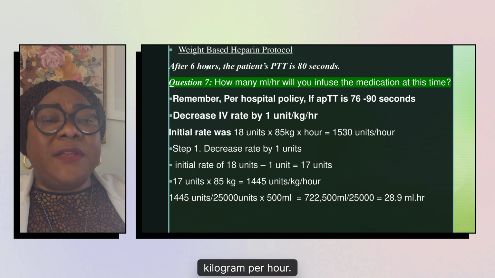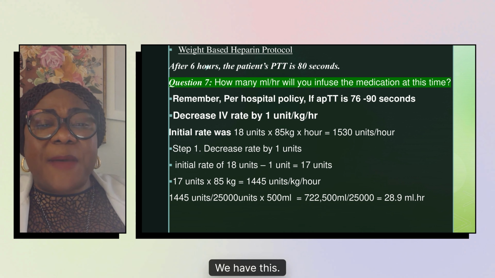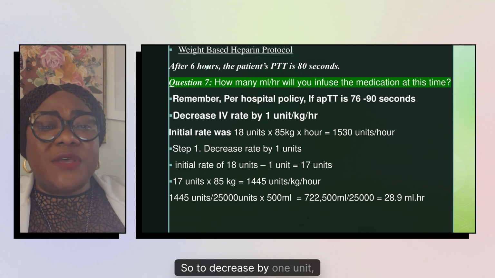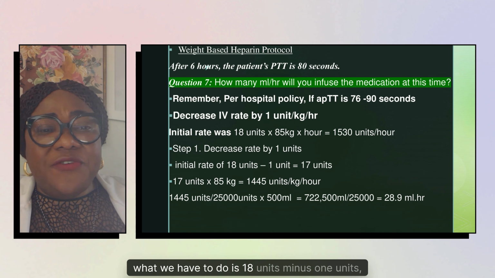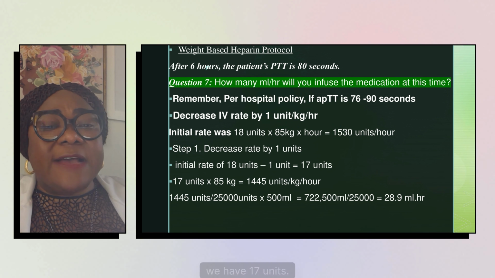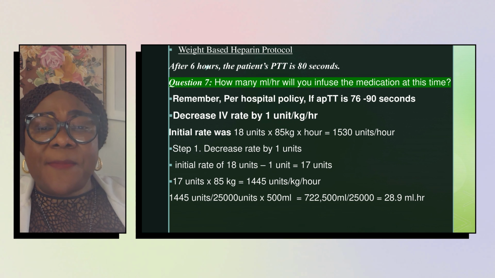So initial rate was 18 units times 85 kg. To decrease by 1 unit, what we have to do is 18 units minus 1 unit, we have 17 units. So 17 units times 85 kg, we have 1,445 units per hour.